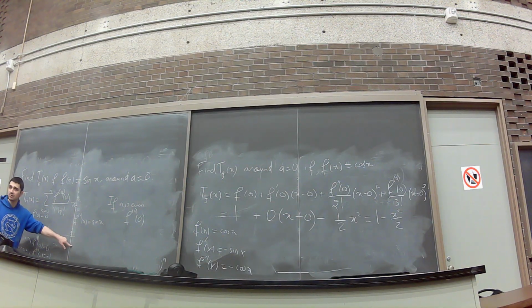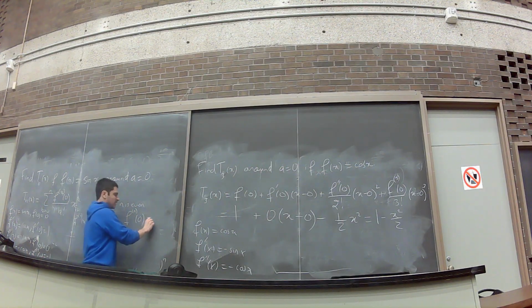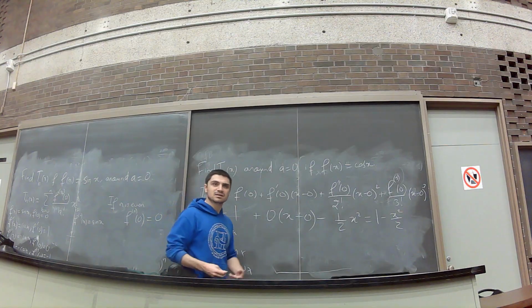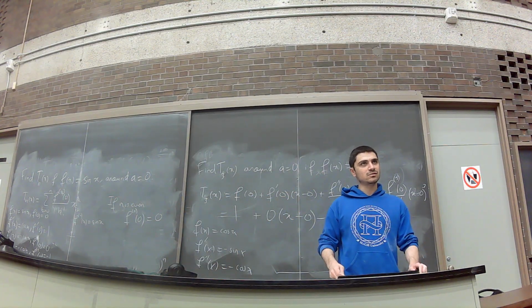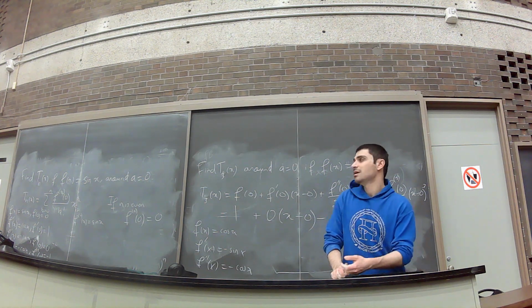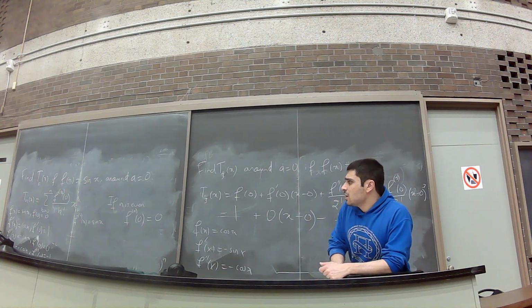Here is not 0, here is 0, right? You see that? Okay, fn of 0 is equal to 0. Does that make sense or not, by the way? Sine is an odd function, right? Sine x is an odd function. You see that? If n is odd, what is fn of 0?